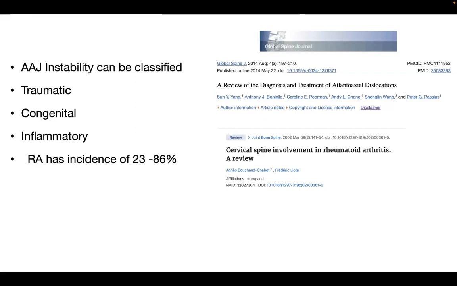According to the literature, it has an incidence ranging from 23 to 86%. Since the atlantoaxial joint is a synovial joint and most of the ligaments are covered with synovium, there is a high chance of rheumatoid arthritis causing atlantoaxial instability.